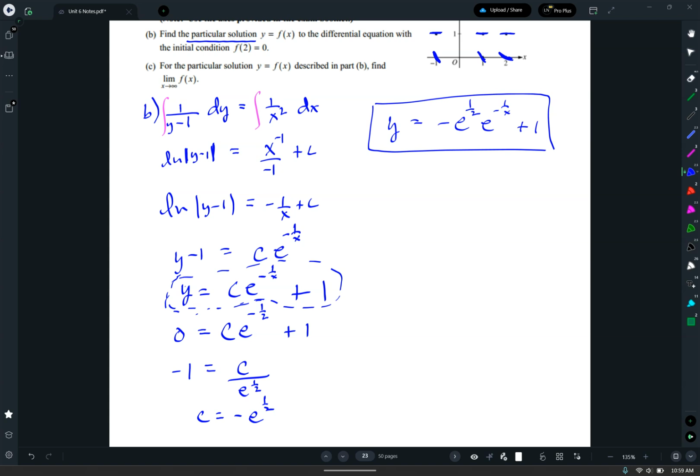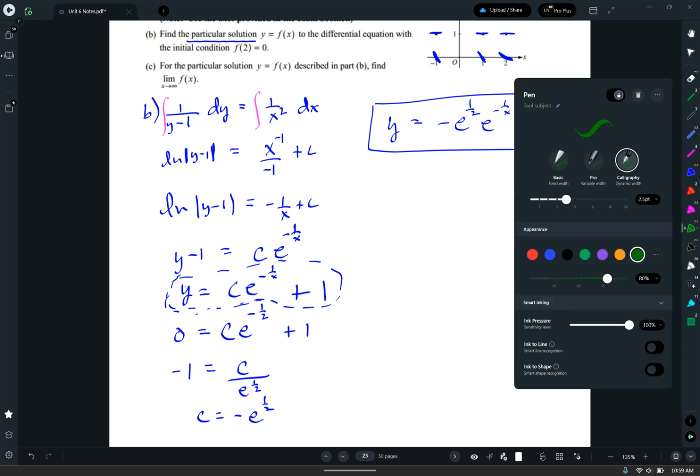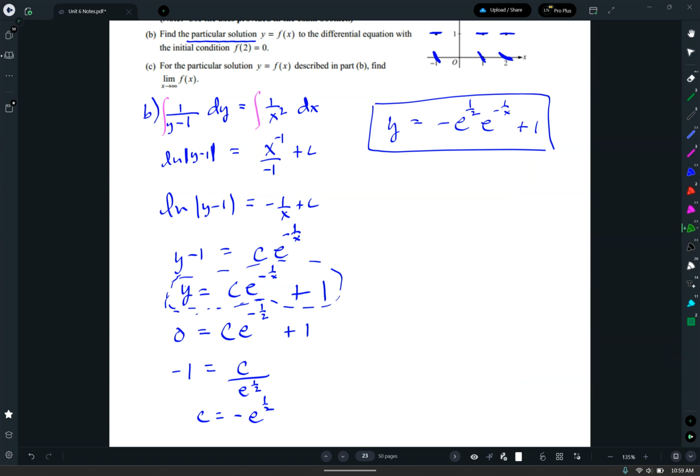And then part C says, for the particular solution that you have from part B, the one that I just boxed in, find the limit as x approaches infinity. So part C is saying find the limit as x approaches infinity of that function.